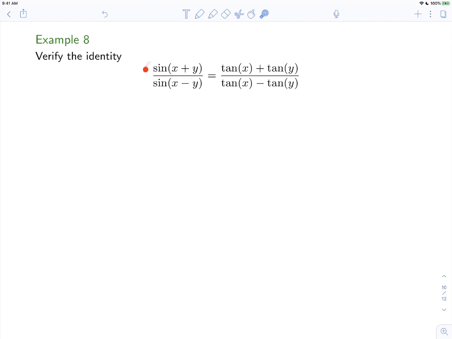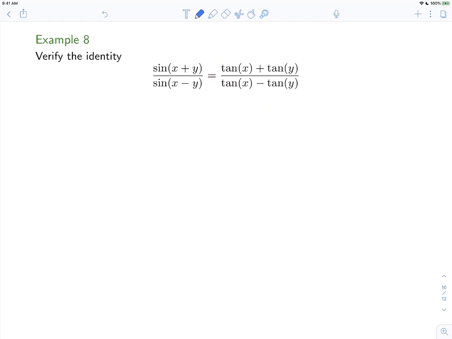So here on the left side, we have a sine of a sum, and in the denominator we have sine of a difference. So we can use the sum formula for sine in the numerator and the difference formula for sine in the denominator. And whatever we end up with, we'll see if we can make that look like what's on the right side of the equation in terms of all of these tangents. So let's do that.